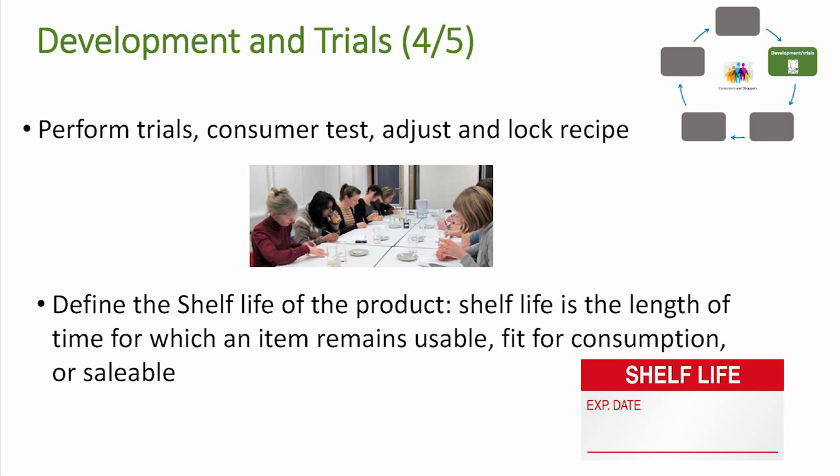So we used this consumer test to adjust our recipe. At the third test, we were able to get what they wanted. And sometimes it's a matter of sugar, more sugar. It's a matter of the type of flavor that you use. Sometimes it's even the temperature at which you give it to them. There are so many aspects that can be involved, and that is why it's important to go through a consumer test.